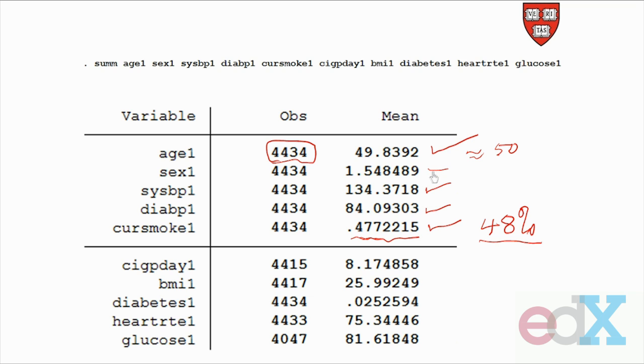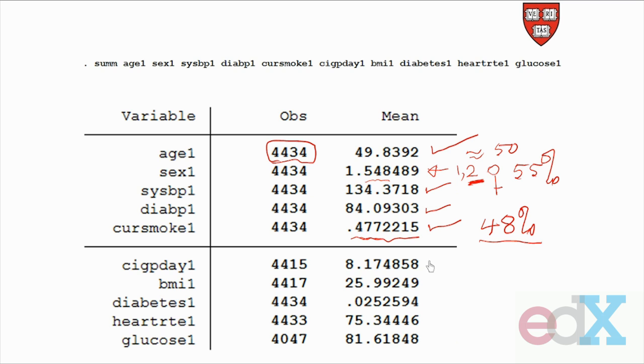Same thing with sex, because sex is also a dichotomous variable, except you remember sex took on the values 1 and 2. So what this says is that 55% had the value 2. So 2 meant female. Roughly 55% of this data set was female.